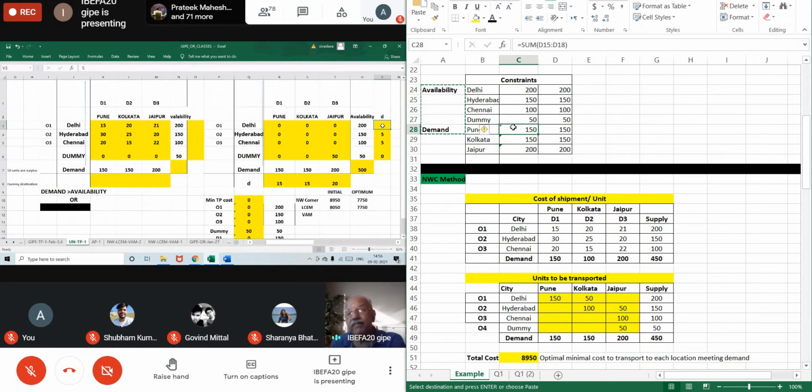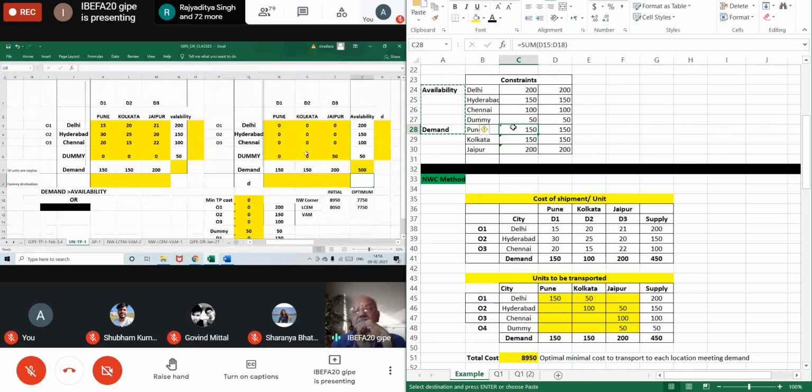Now again the difference will change because the last row has gone, because there is no more allocation for Pune to Kolkata.